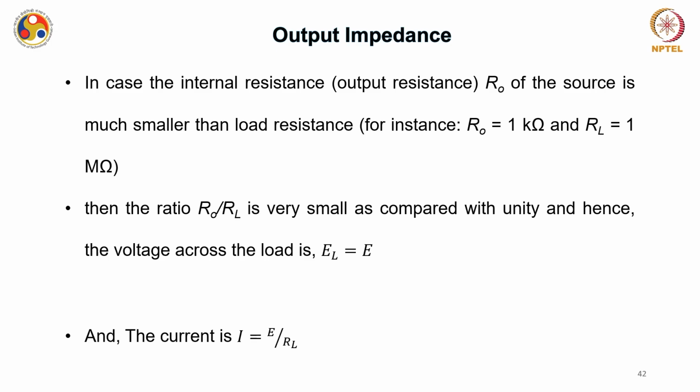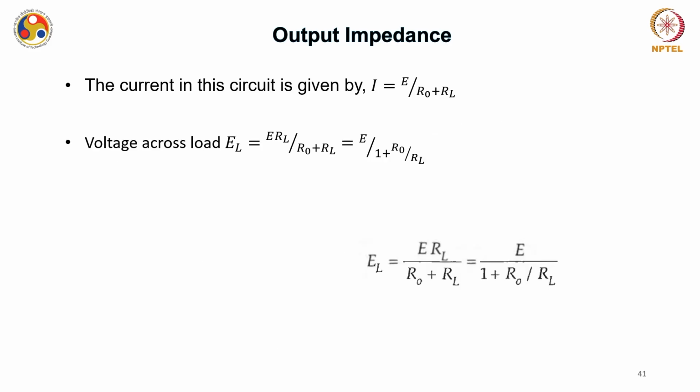So, in case the internal resistance or output resistance R0 of the source is much smaller than the load resistance, for instance R0 is 1 kilo ohm while RL is in the range of certain mega ohm, then the ratio R0 by RL is very small compared with unity.